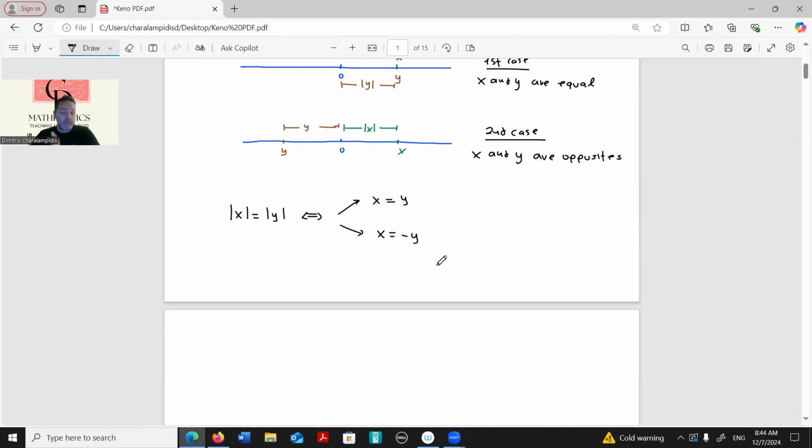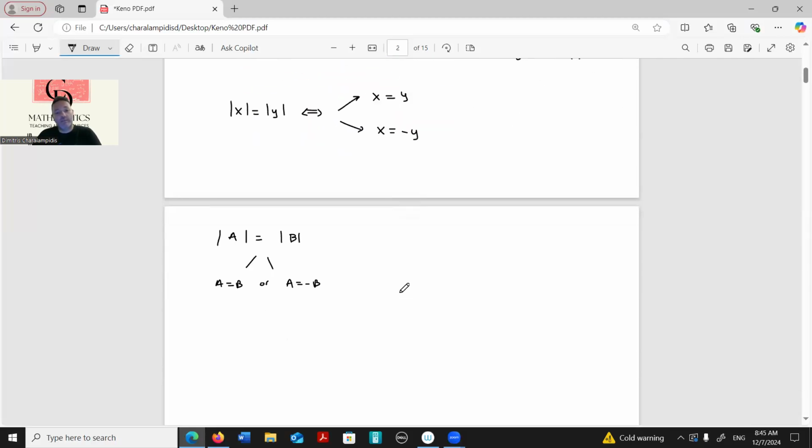And remember that it's not just about a single x value and a single y value, it's about expressions. Similarly, if we have an expression A being equal to an expression B, this would mean that A is equal to B or A is equal to negative B. Let's work on some examples.